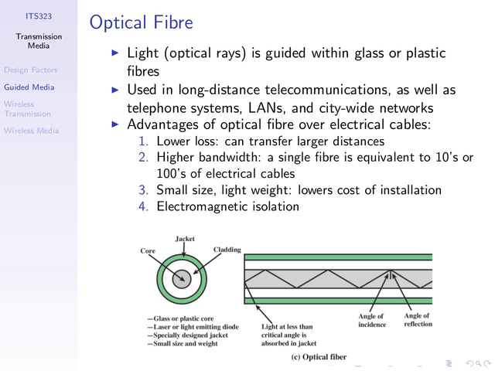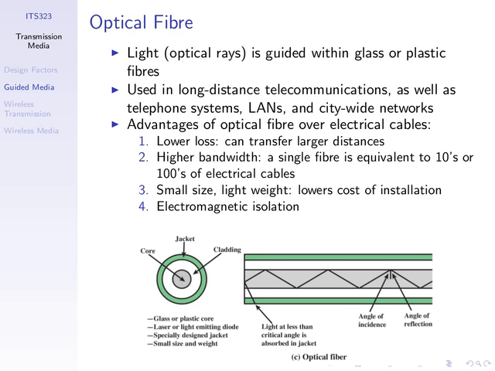So optical fibre is used in long distance communications. Some of the characteristics it has: the amount of signal that is lost over distance is much less than using these electrical cables, the copper conductors. Therefore, we can transfer across larger distances.